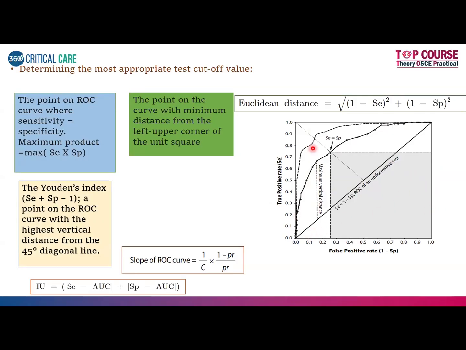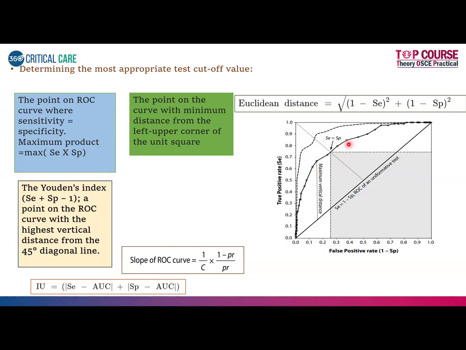So we plot the ROC curve, and then we determine how. From the sensitivity point, you draw a perpendicular to the ROC curve. Whatever point is available gives the best cutoff for that particular ROC curve. This is the point where the sensitivity and the specificity are maximum.